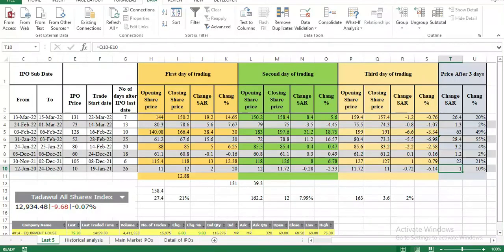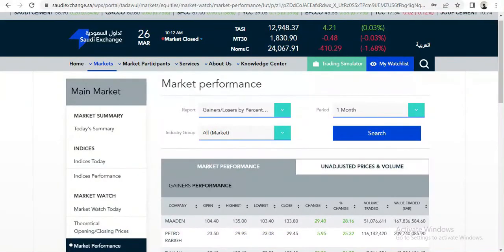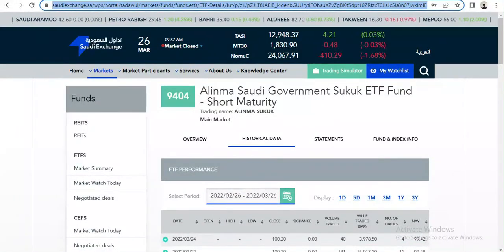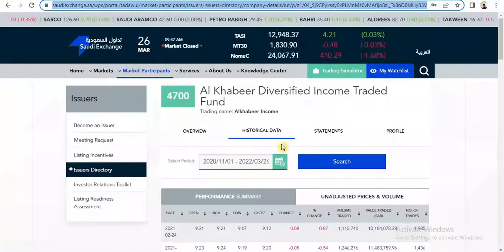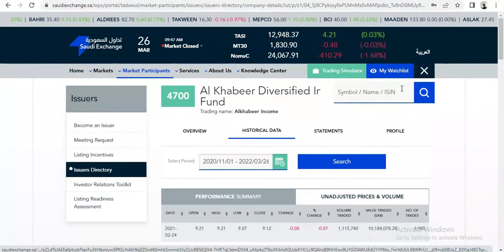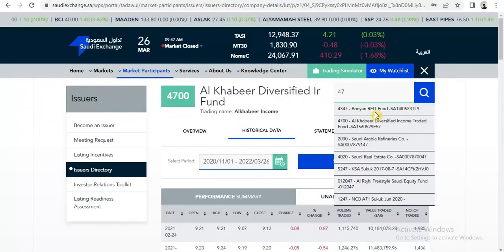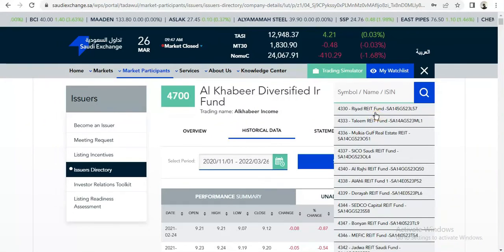I was also checking the history of this Al Khabir. Here, if you want to check the historical data of a company per day, click on this. The code allotted to this company was 4700. Here you can see Al Khabir Diversified Income Trade Fund, and even if you write the name, Al Khabir will appear.